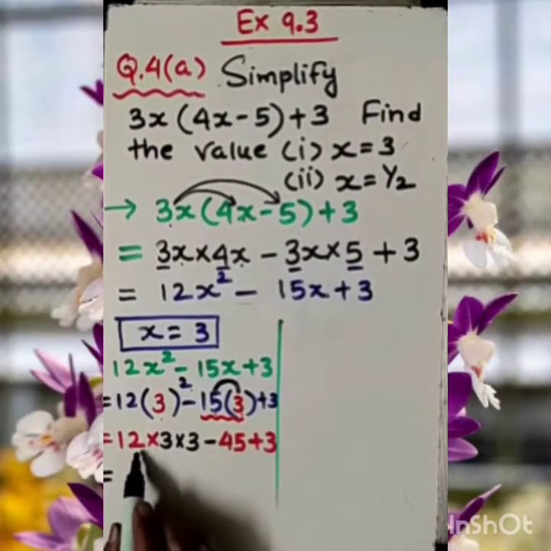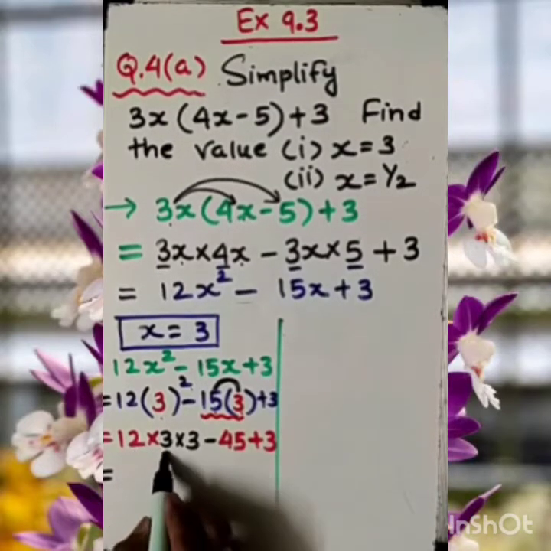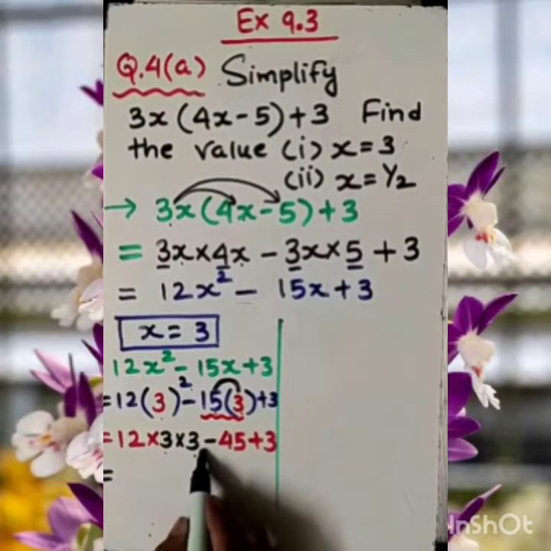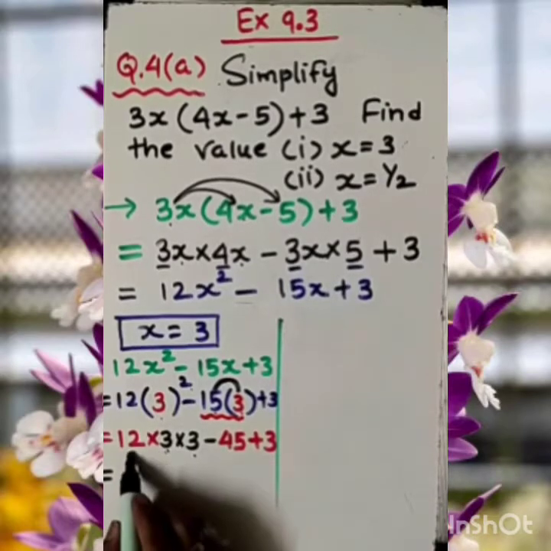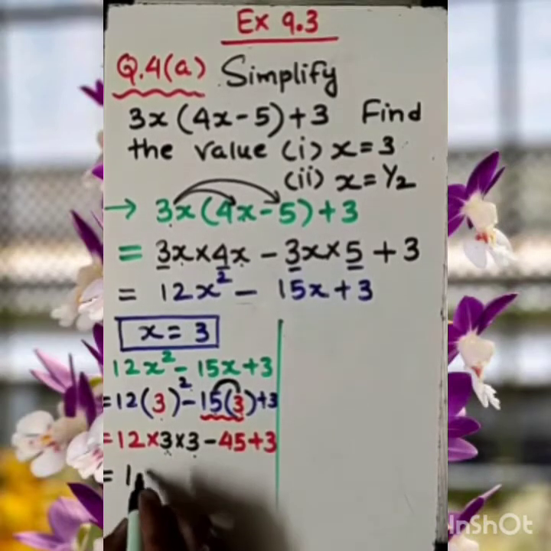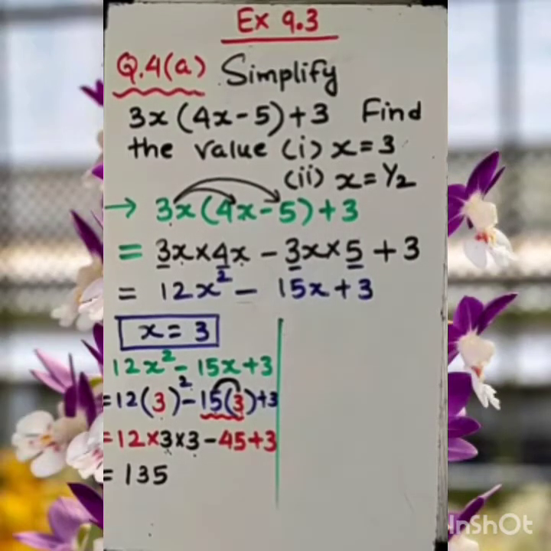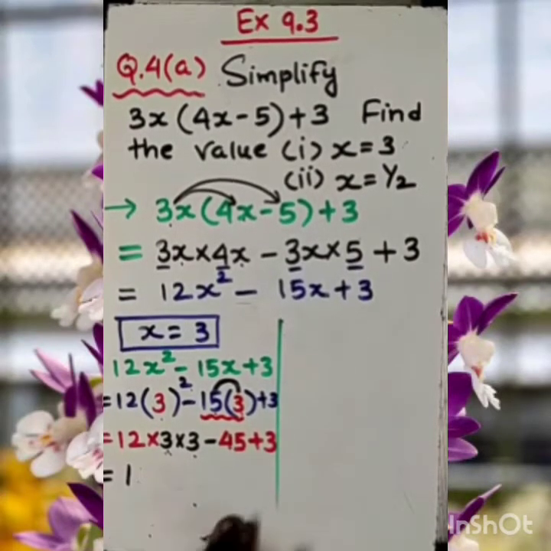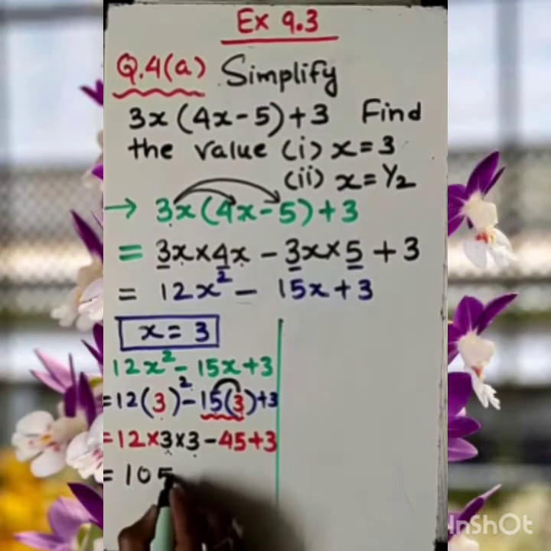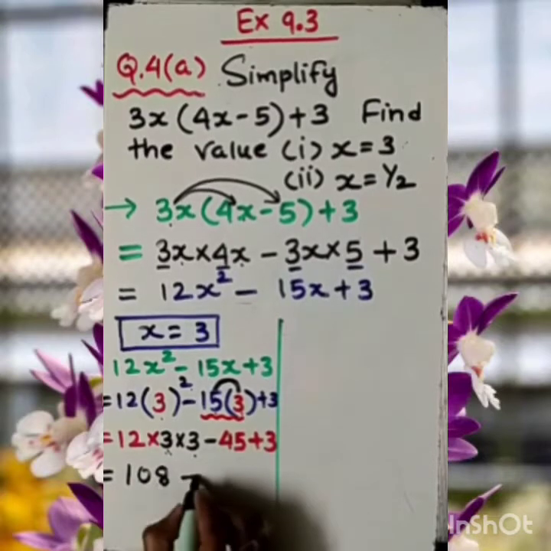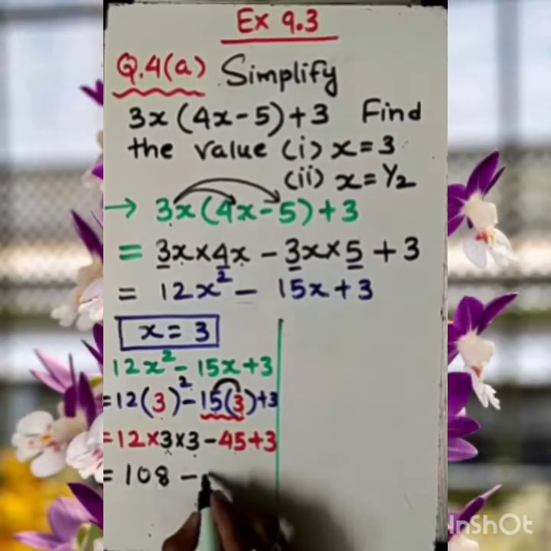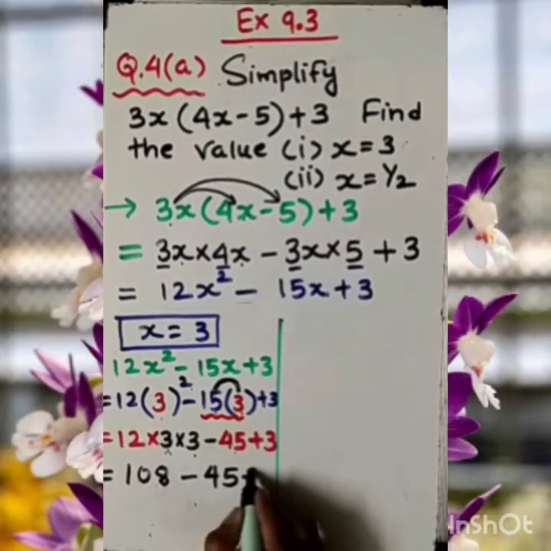Now let's multiply all this: 12 into 3 into 3. 3 times 3 is 9, and 12 into 9 gives 135... no, 12 times 9 is 108. Sorry, 135 is 15 times 9. So I'm correcting: this is 108. 12 times 9 is 108, minus 45, and of course this is plus 3.